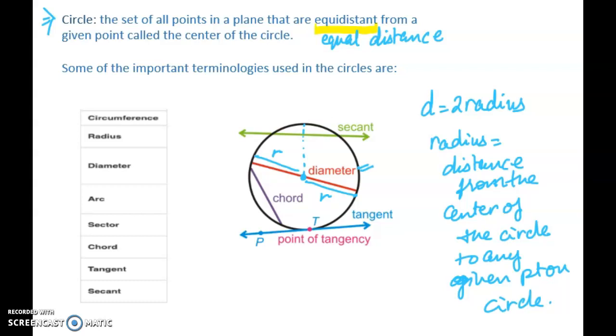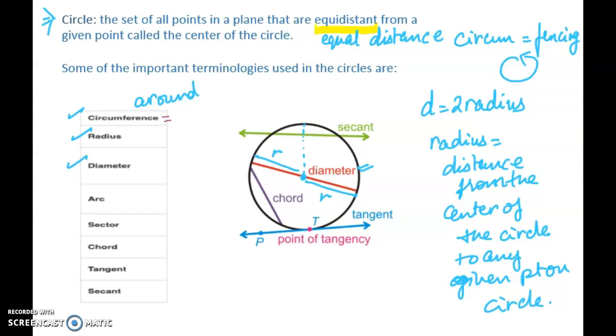We discussed radius and the diameter. Let's talk about circumference. What is the circumference? Circumference is nothing but what I call fencing. What is around the circle, just like a merry-go-round. So circumference, what goes around the circle, is called circumference.